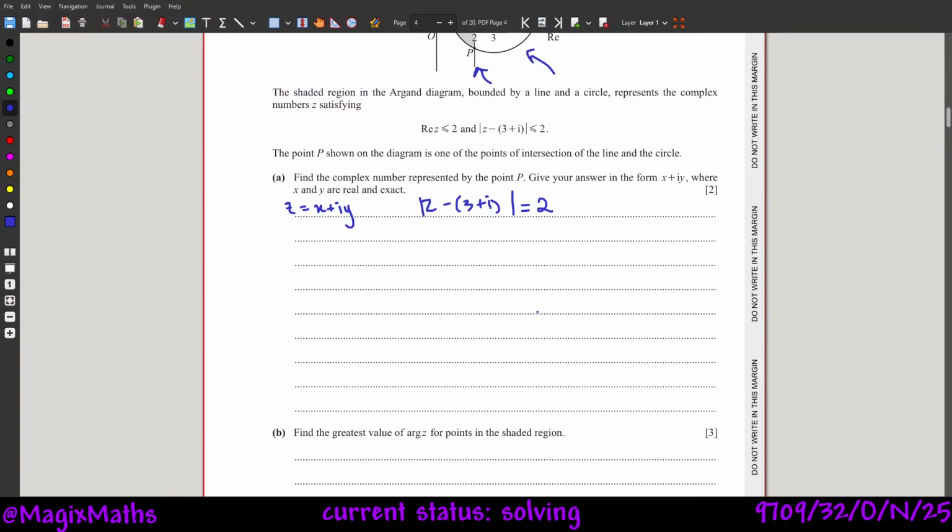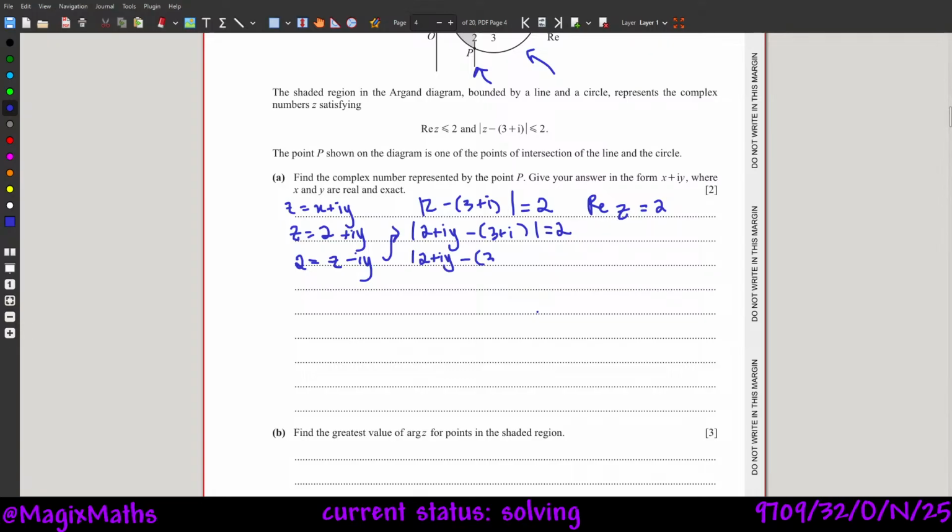Then we have the condition that the real value of z is equal to 2. So z is equal to 2 plus iy. And then here we have |2 plus iy minus 3 plus i| is equal to 2. Okay, we can see that here now. Then we can do a simultaneous equation. So putting it into this equation, we have 2 plus iy minus 3 plus i.